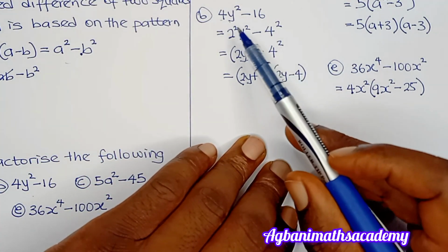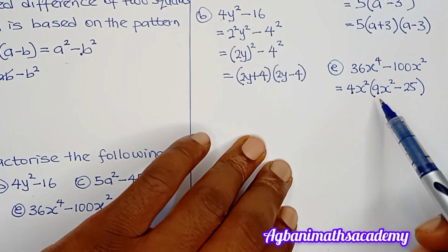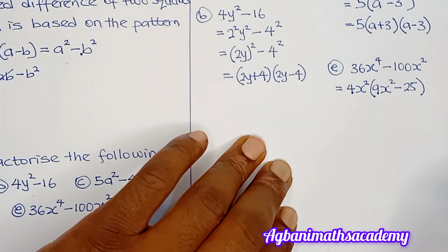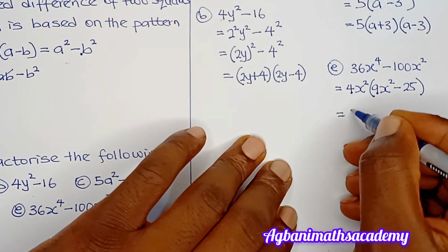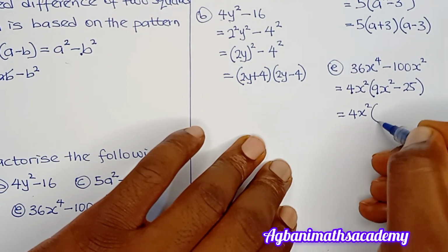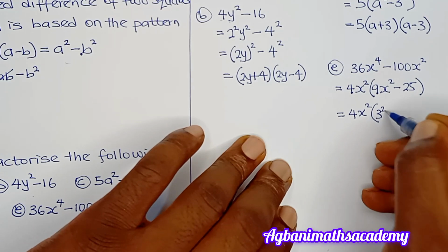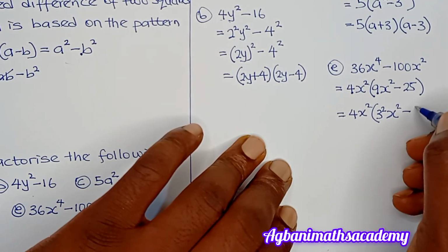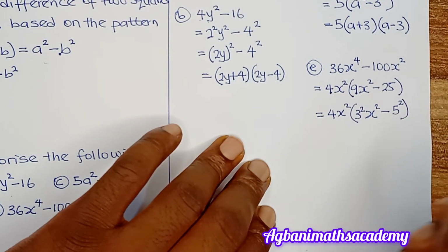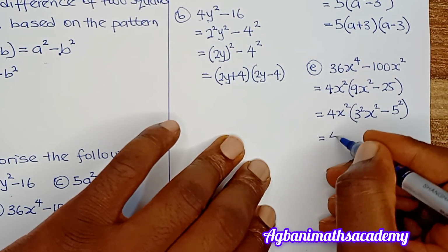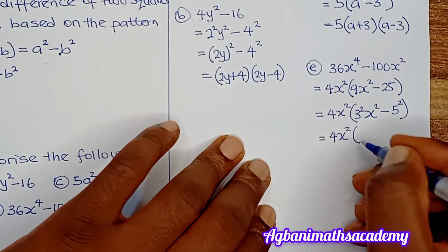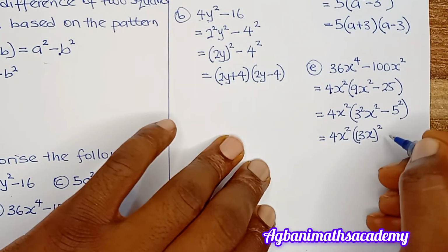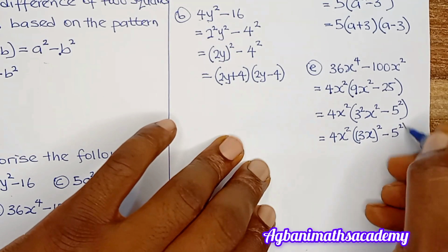Yes. Just as we did here, where we have 4y squared, we have something similar, 9x squared. 9 is the same thing as 3 squared. So we can write this as 4x squared, parenthesis, 3 squared x squared, minus 25 is the same thing as 5 squared. Going further, we have 4x squared, parenthesis, (3x) squared minus 5 squared.